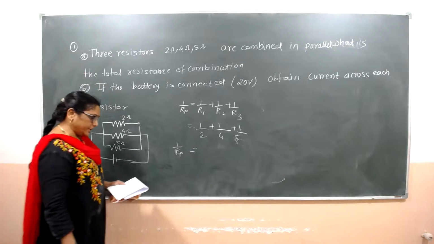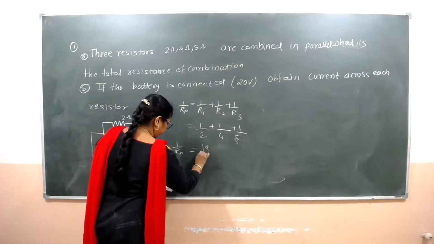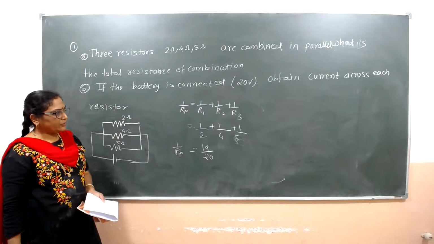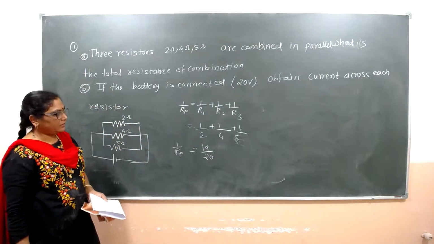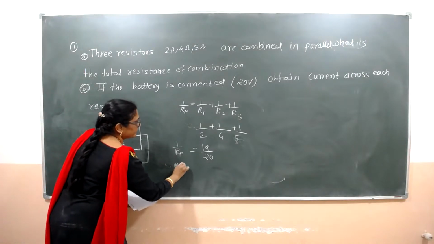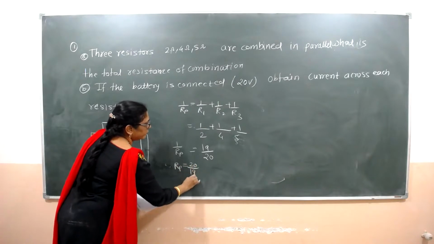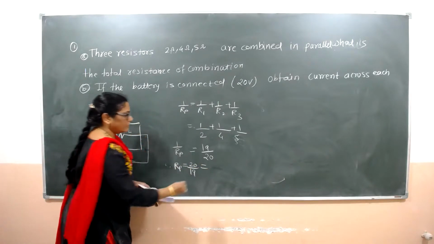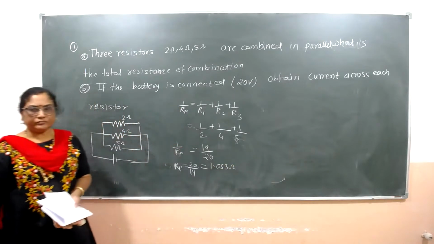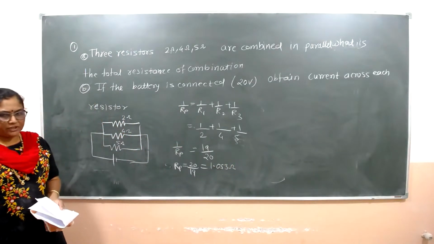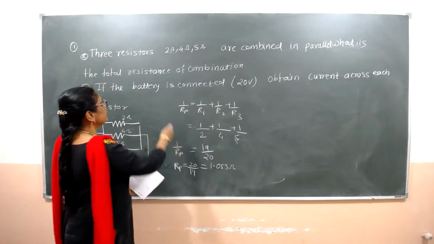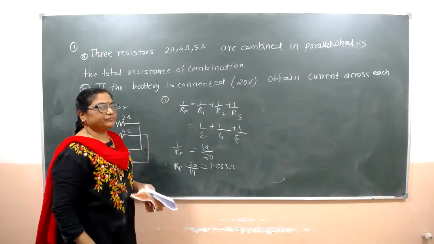And the equivalent value is 19 divided by 20. 1 by Rp is equal to 19 divided by 20. Therefore, Rp is equal to 20 divided by 19, and that value is 1.053 ohm. This is the answer for the first part.